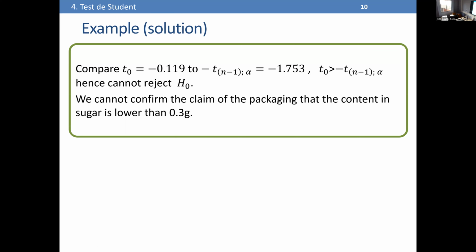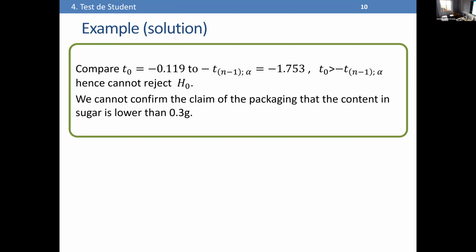So here we said that is the reference value. We said we're going to look at the null hypothesis. So it's a unilateral alternative hypothesis.